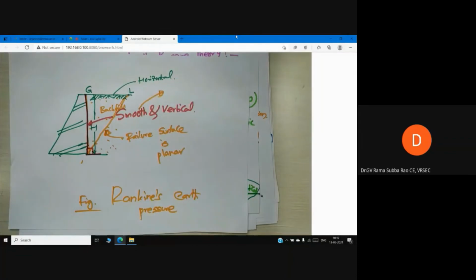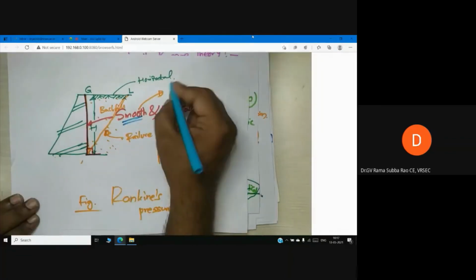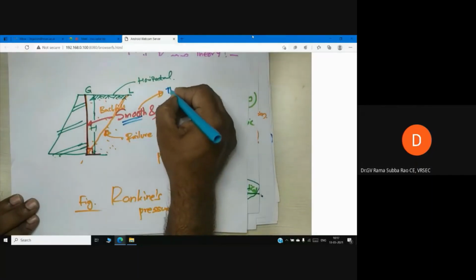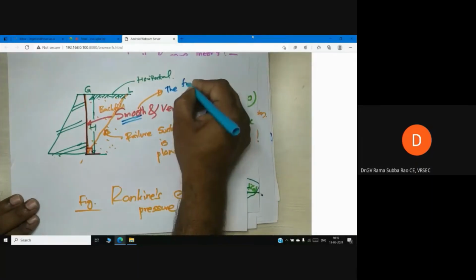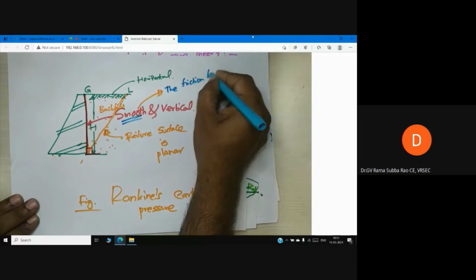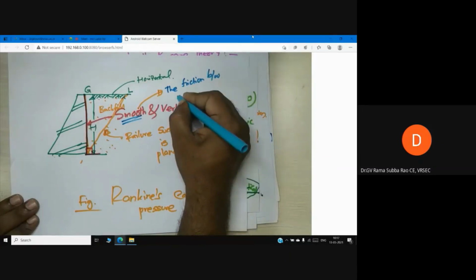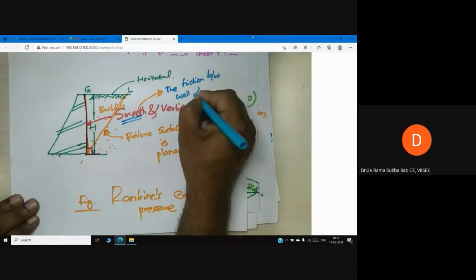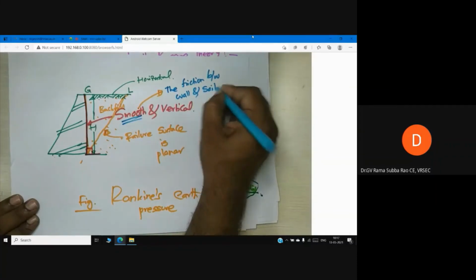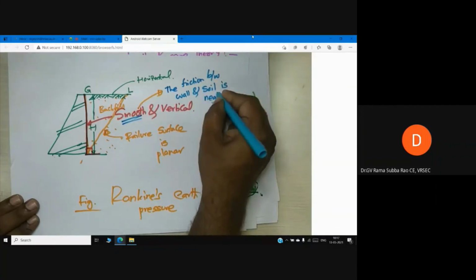I will pick another color. Smooth means the friction between wall and soil is neglected. That is the meaning of smooth.